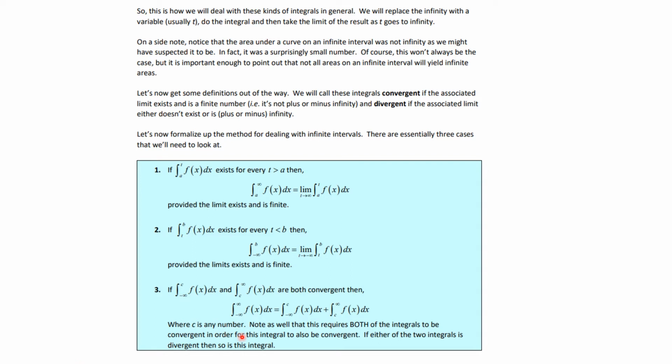Now this is kind of subtle, and we're going to do some examples of this, but that's what this means. So if this and this are both convergent, then so is this. Both integrals have to be convergent in order for this integral to be convergent. And if either of the two integrals is divergent, then so is this integral.